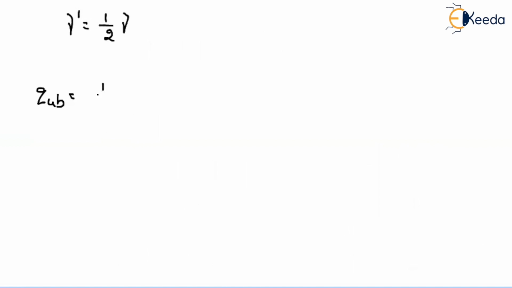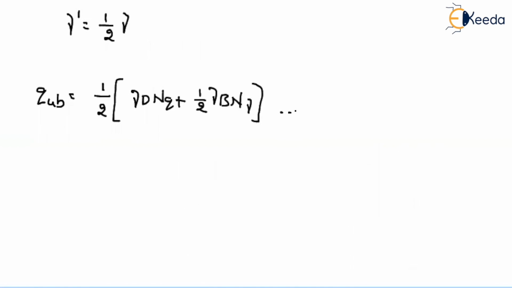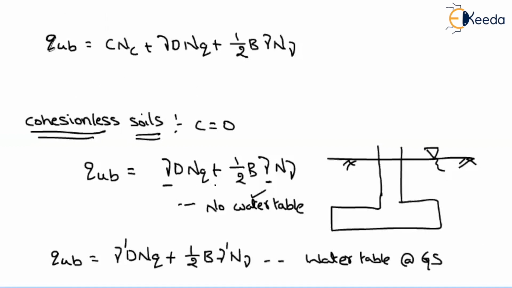That will be equal to, in both the terms I can take half common. So what is the remaining equation? Gamma D Nq plus half gamma B N gamma. So this is when the water table is at the ground surface. If water table is not there, what is the relation? Gamma D Nq plus half B gamma N gamma.